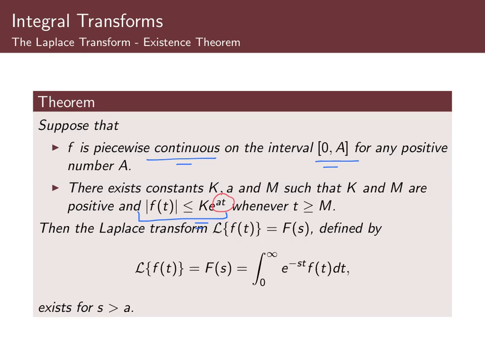Okay, so f doesn't need to be small, it just needs to be bounded from above by some exponential function. If this is the case, then the Laplace transform, defined as we said in the previous slide, the integral from 0 to infinity of e to the minus st f of t dt, exists for all s greater than or equal to that a that we saw up there.